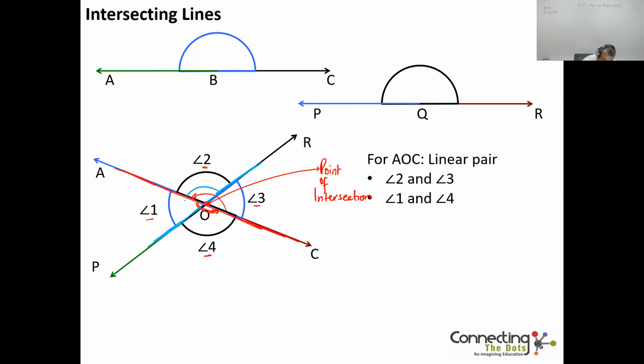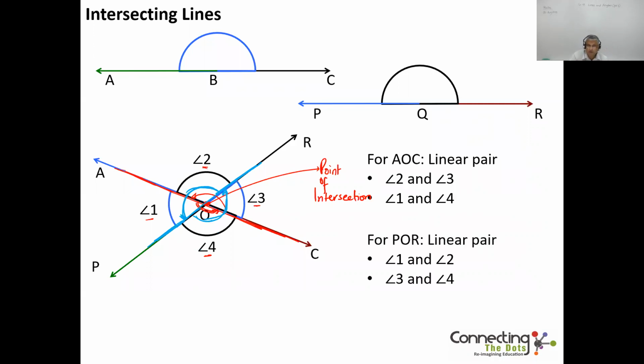One is this, which is 1 and 2, and the second one is this, 3 and 4. Correct? So I can say for POR, 1 and 2 form a linear pair and 3 and 4 form a linear pair.